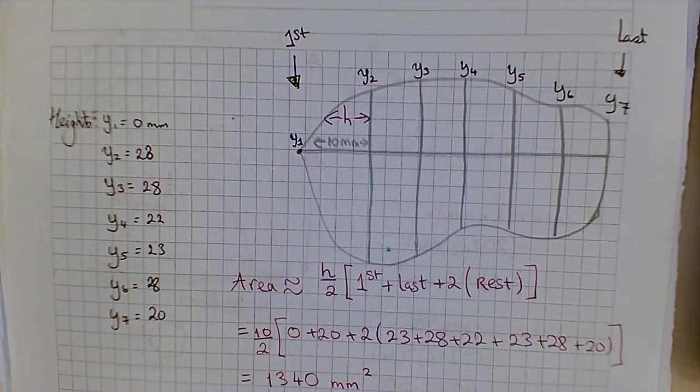Okay, there's an extra piece of the question though. Have we answered the question? Give your answer in hectares correct to 2 places of decimals. Well, this isn't in hectares, it's in millimeters squared. But they told us that 1 hectare is equal to 10,000 meters squared.